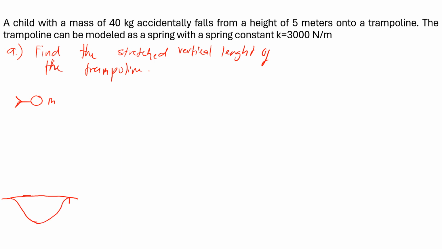So we're going to find that delta y. This part here is our y equals 0, and this is our y final. So your delta y is actually yf minus 0. And the height is 5 meters.